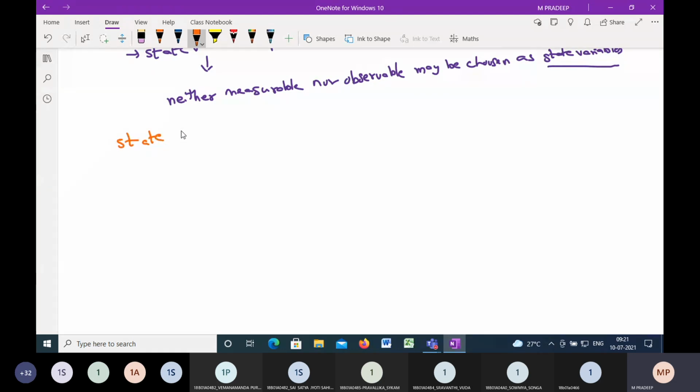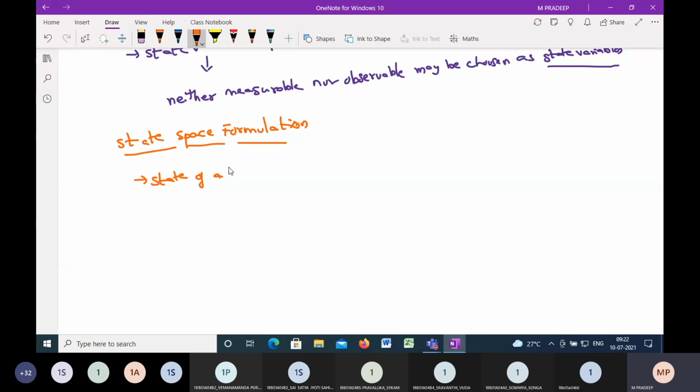So based on this particular approach, now we are going to see what is meant by state space formulation. In this case, what is the state of the system?